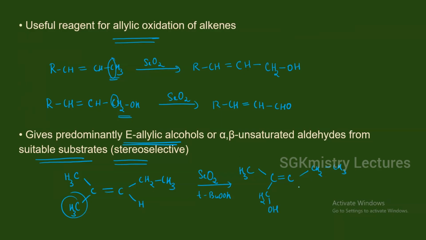Now this H remains as such. Now again, this is the allylic carbon that is present, so this will be oxidized, and again the E-allylic alcohols are produced by this reaction. Because of which this particular product is more preferred. So that is why we have the CH2OH group attached here and not in this position.